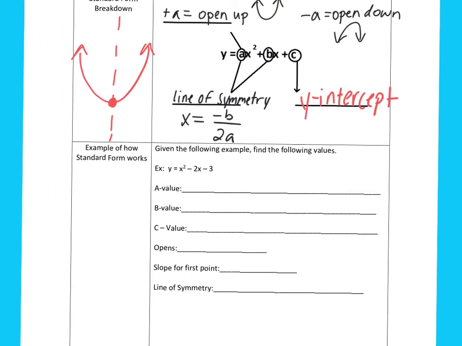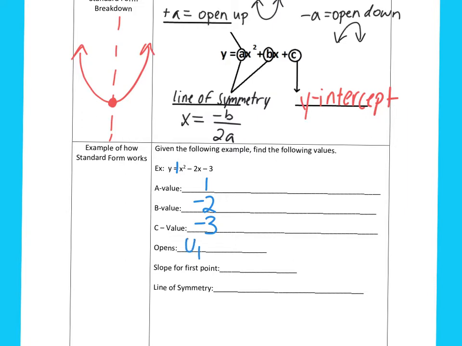First example, what's the A value on this? Nope. 1, because it's just that coefficient. What's the B value? And the C value. Okay, we're going to be all good on how to find those. A, B, and C. Just the coefficient that's in front of each term. Is this going to open up or down?